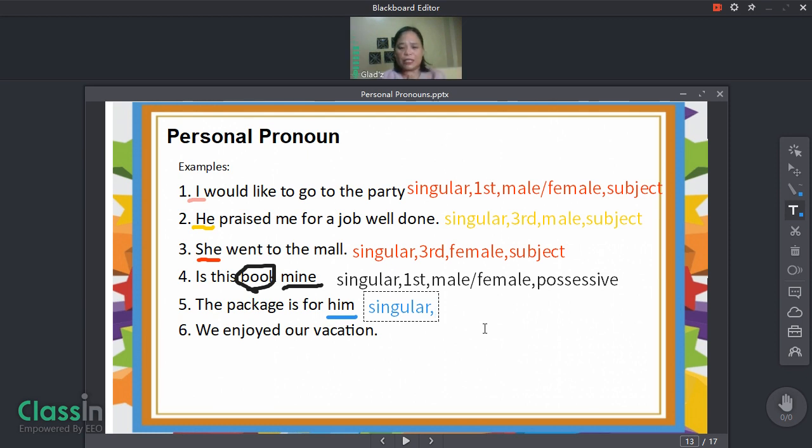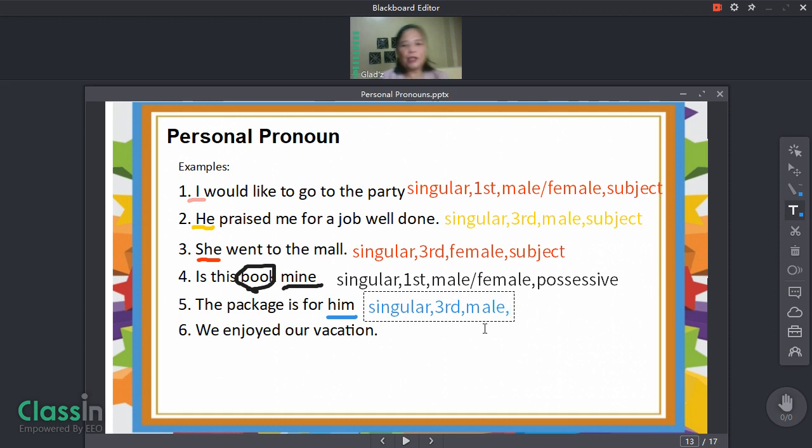Let's first identify the person. Is it first, second, or third person? This is third person. And then male or female? Him is male gender, so it is masculine.